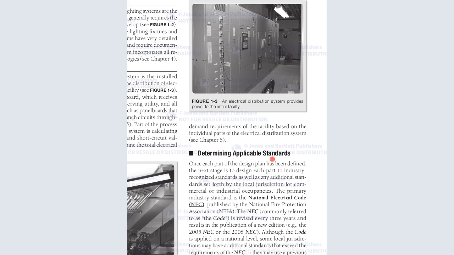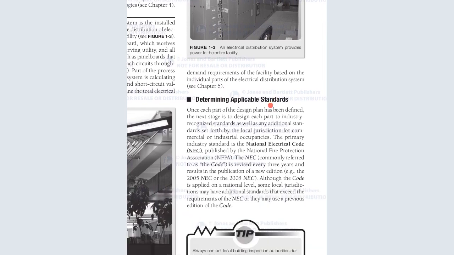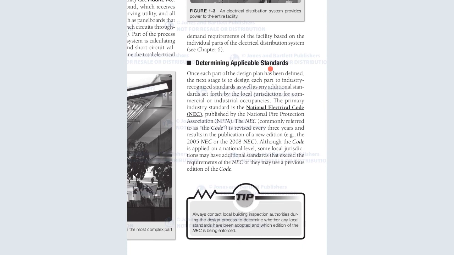Now, determining the applicable standards. How do we determine the applicable standards? Once each part of the design plan has been defined, the next stage is to design each part to the industry recognized standard, as well as the additional standards set forth by the local jurisdiction for commercial and industrial occupancies.